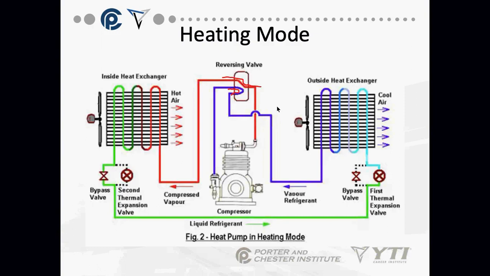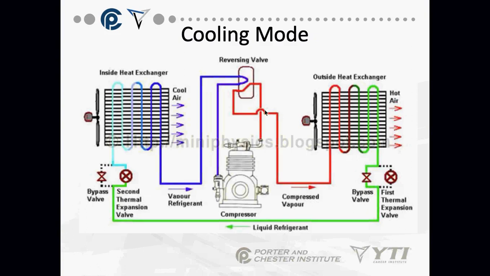The reversing valve changes position. So in the cooling mode, my discharge now goes to the outdoor unit first. This is standard air conditioning. But all that's going on is this reversing valve has a slide bar in here. This reversing valve changes position to change the refrigerant flow.